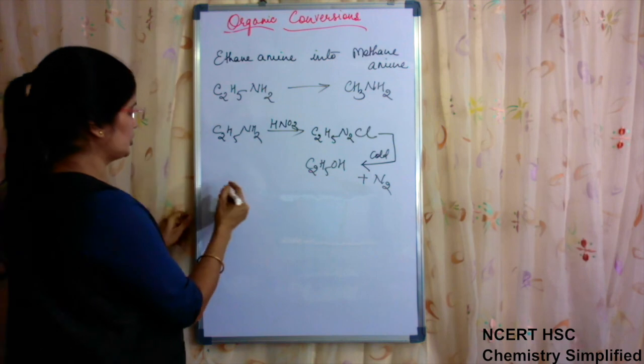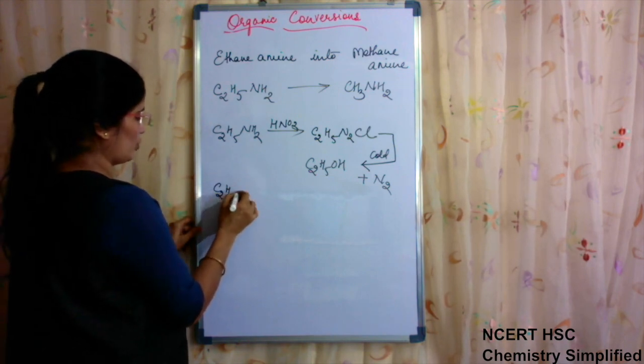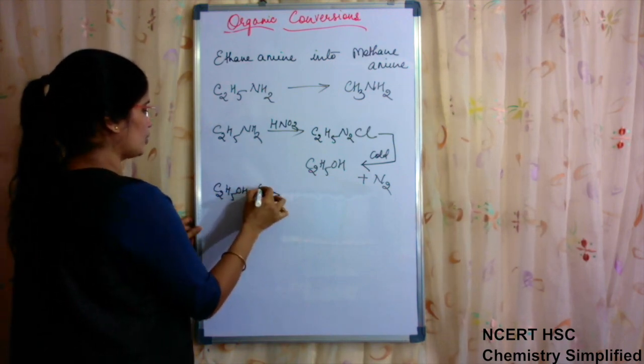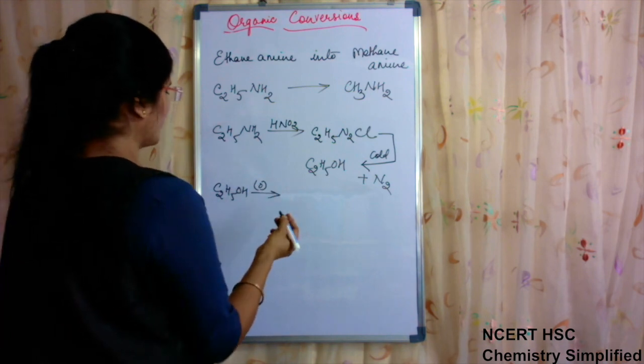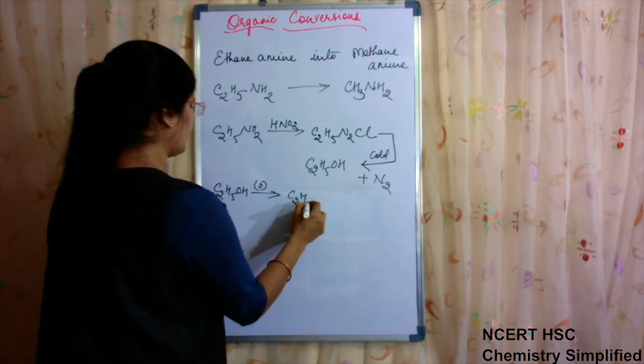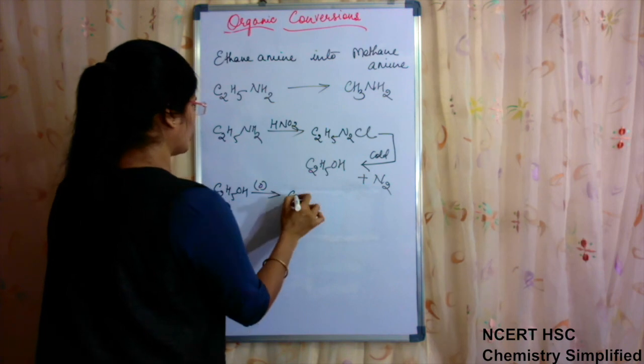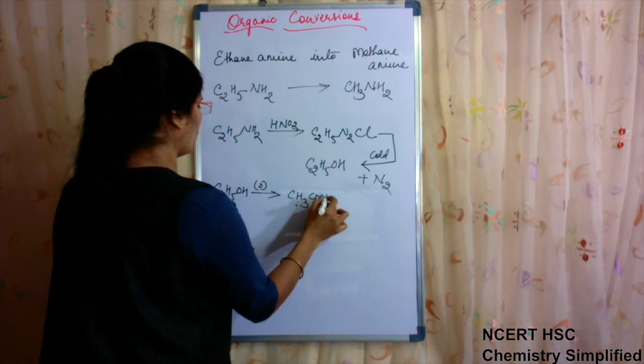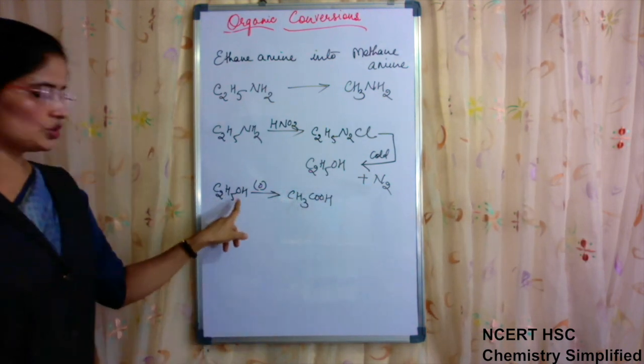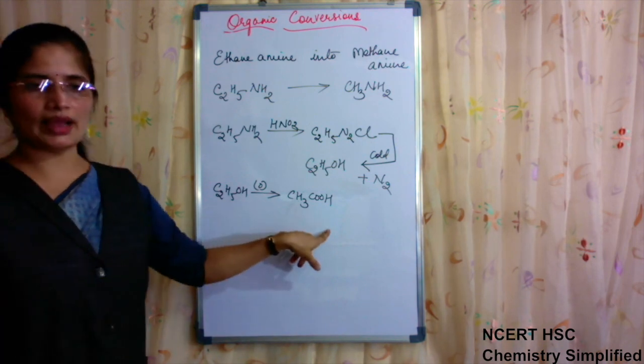Now ethanol, C2H5OH, can be oxidized to form CH3COOH, an acid.